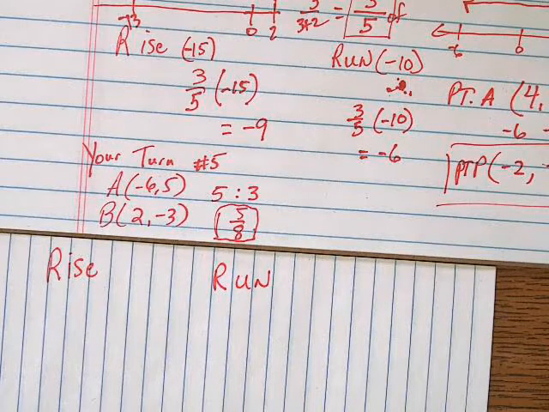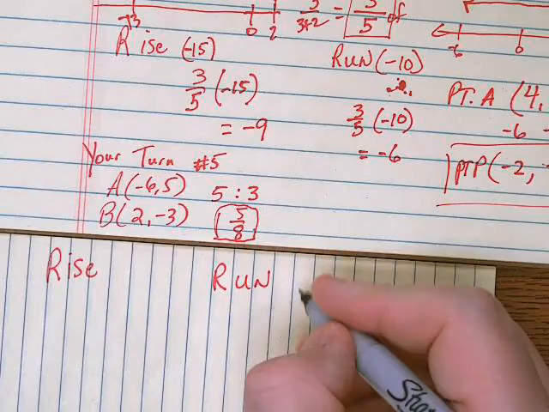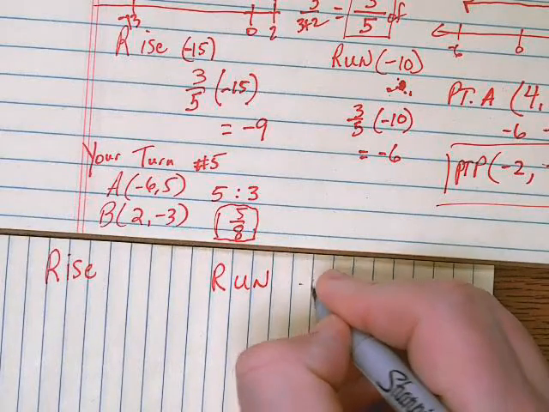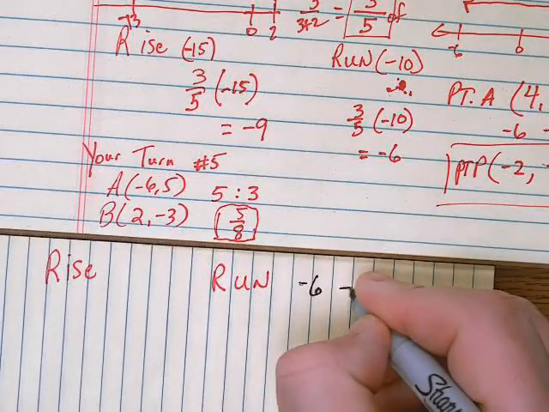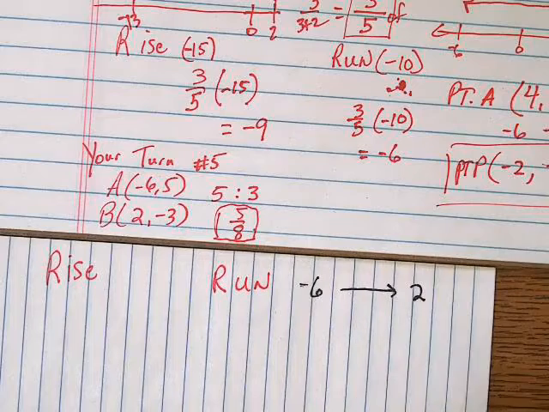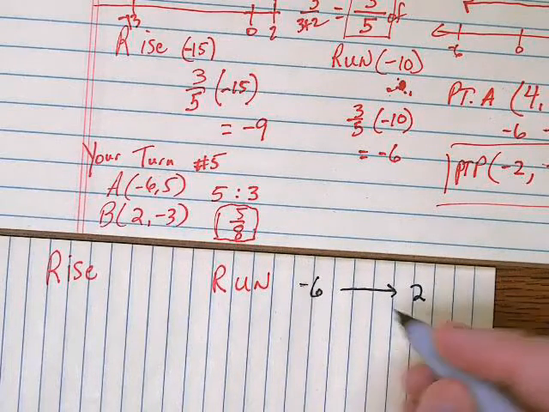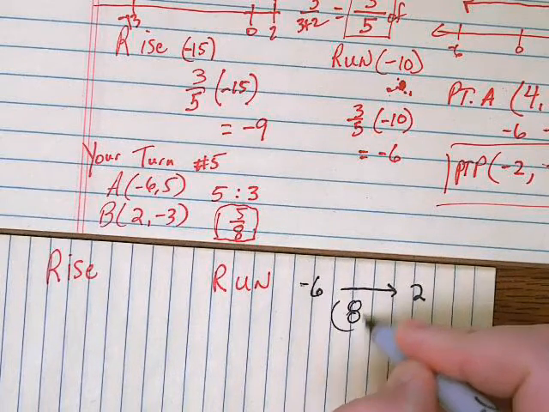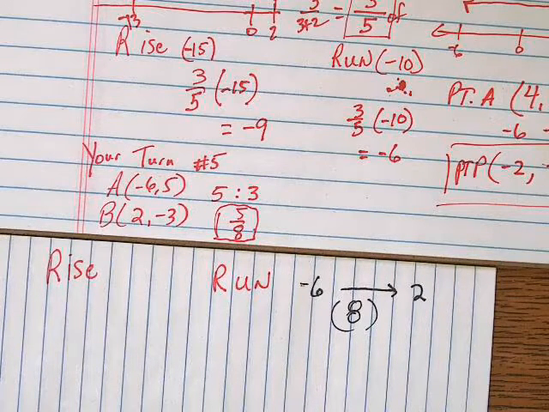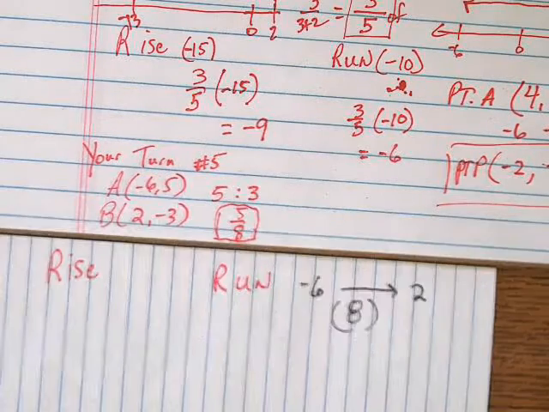All right. What's the rise and the run from negative 6 to 2? Let's do the run first. So negative 6 to positive 2. How far is that? Positive 8. I agree. Bella, you see how we're getting that? Isabella. Ella.